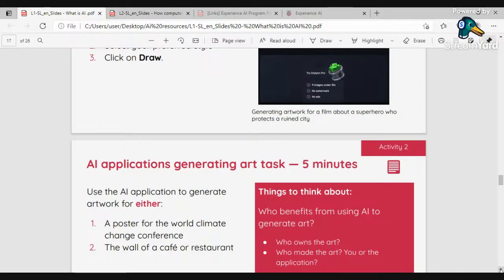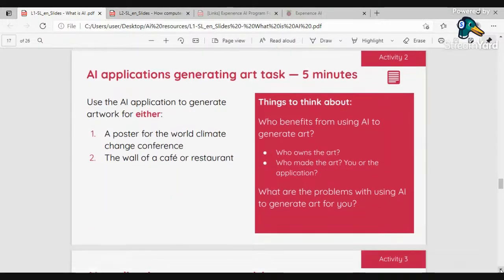An example of an application that generates text is an AI application like ChatGPT. ChatGPT today can also generate images, right? We have lots of other AI applications that can generate sound and many more.